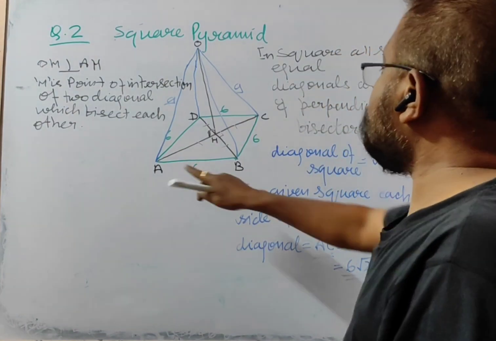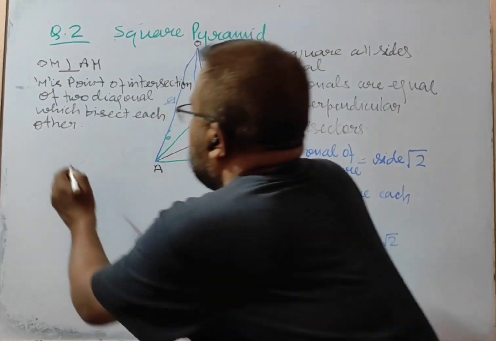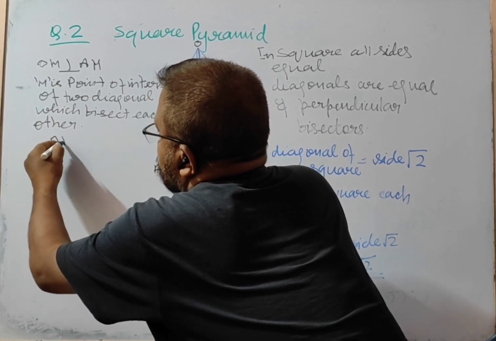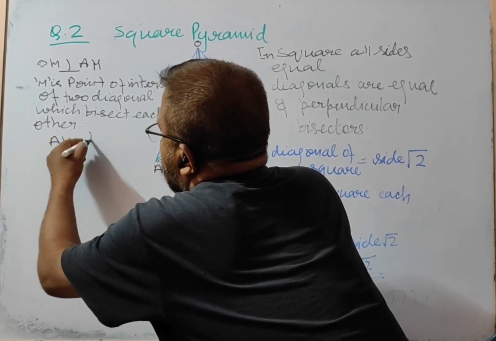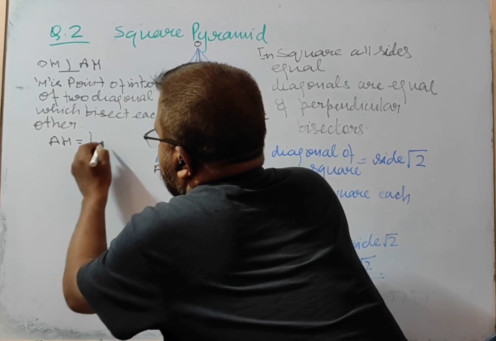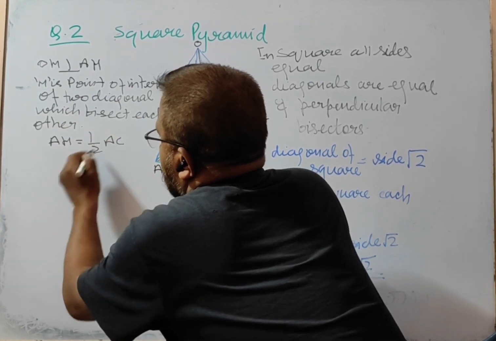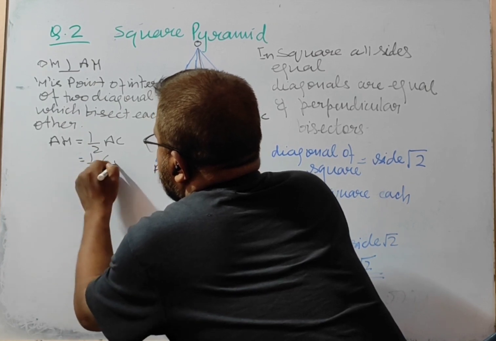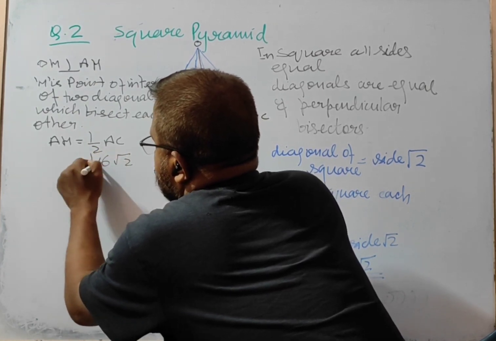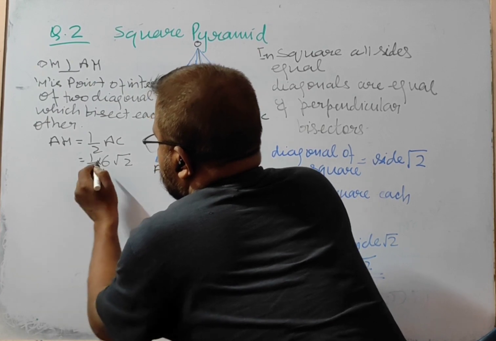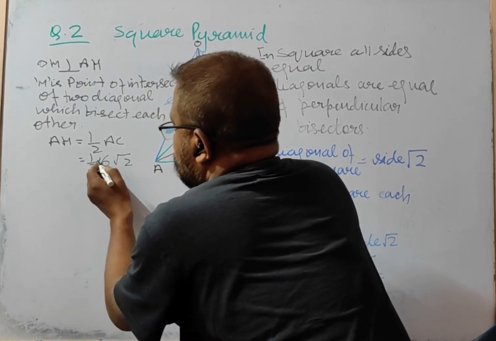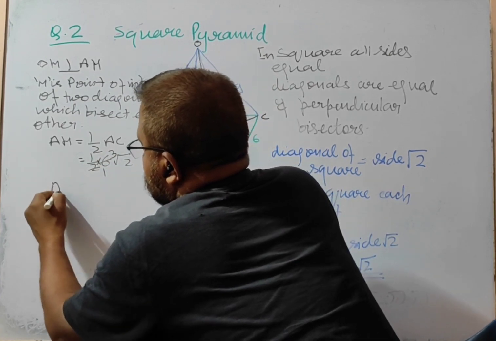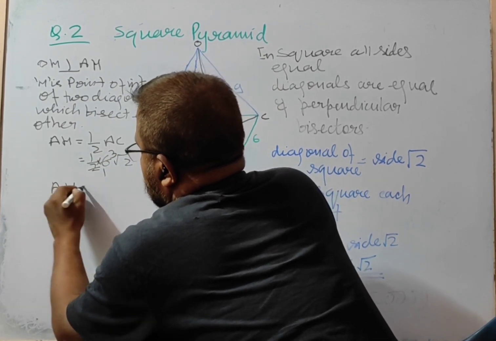So as you said, AH is half of AC. As I told you, 1 by 2 of 6 root 2, so 3 root 2.